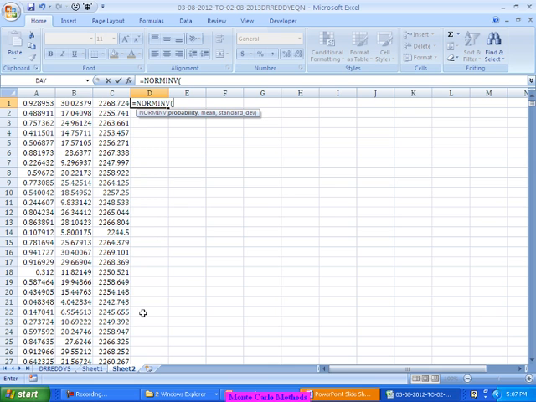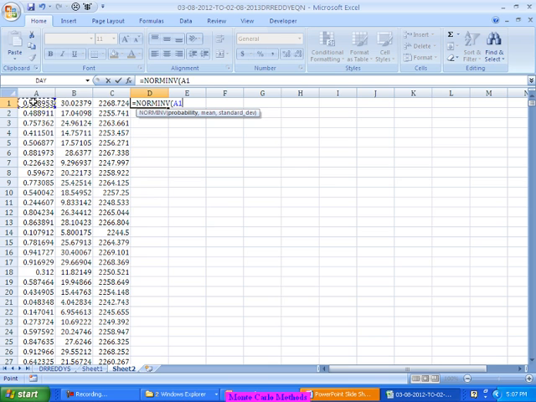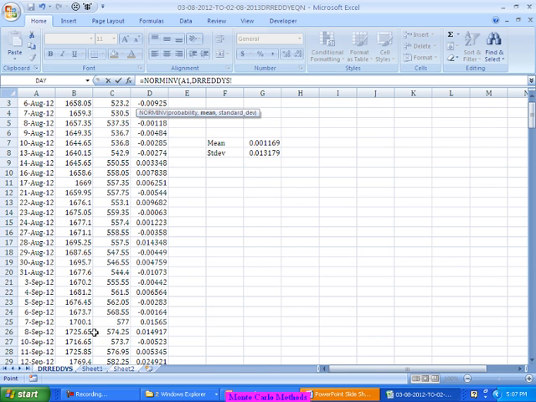The probability, I'll map it to the random number, since we have already generated the random numbers. And the mean, I will take this value.